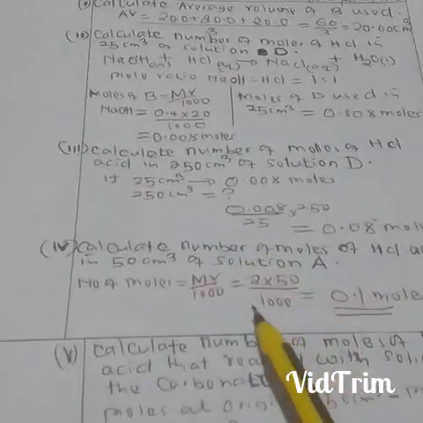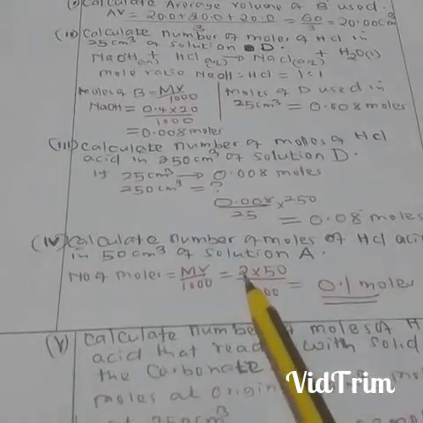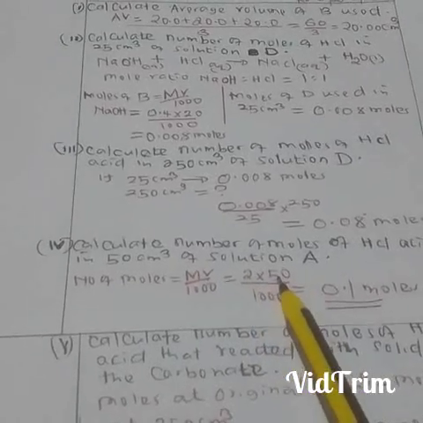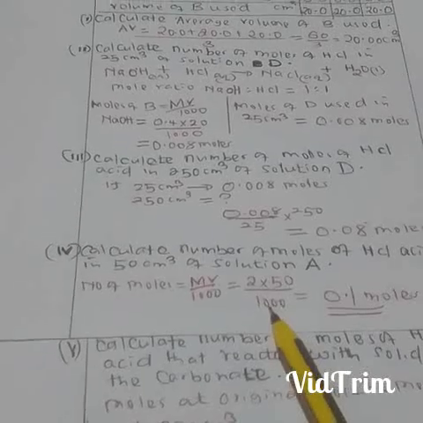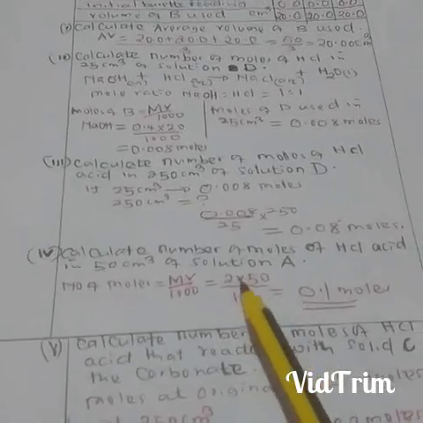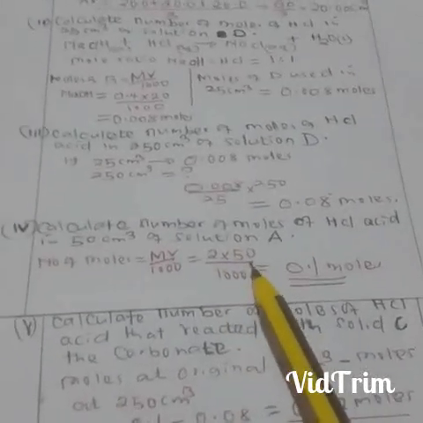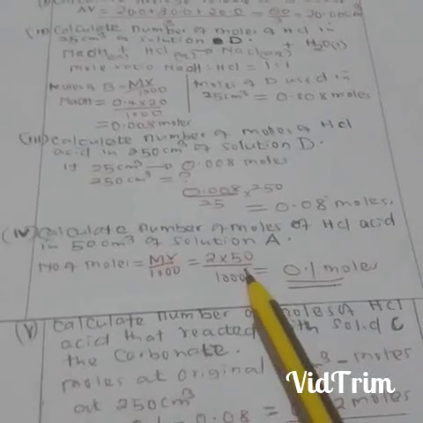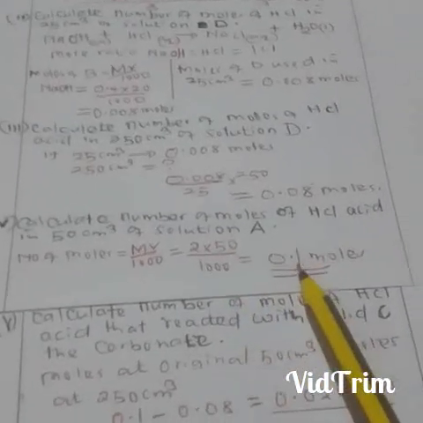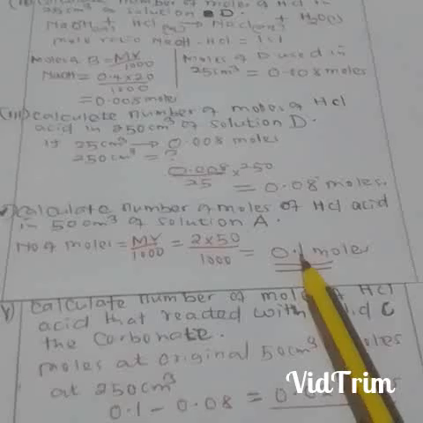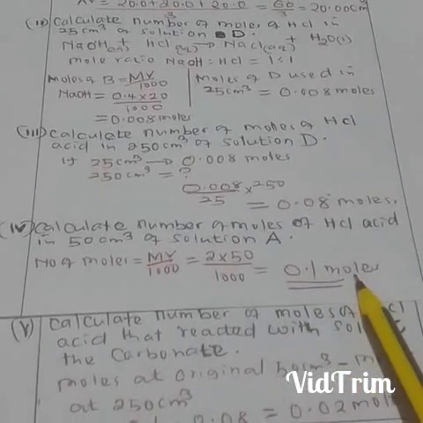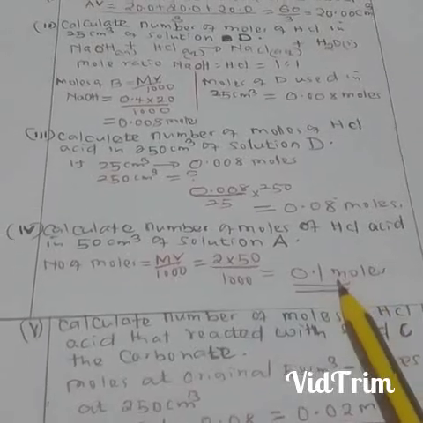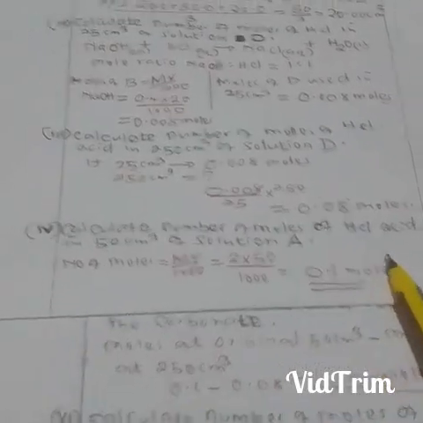So if we apply this, molarity M is 2 molar, then volume V is 50, but all over 1000, meaning in a liter. So if you calculate properly, then my student, you get 0.1 moles. So the number of moles in the original solution was 0.1 moles. Is it okay, my student?